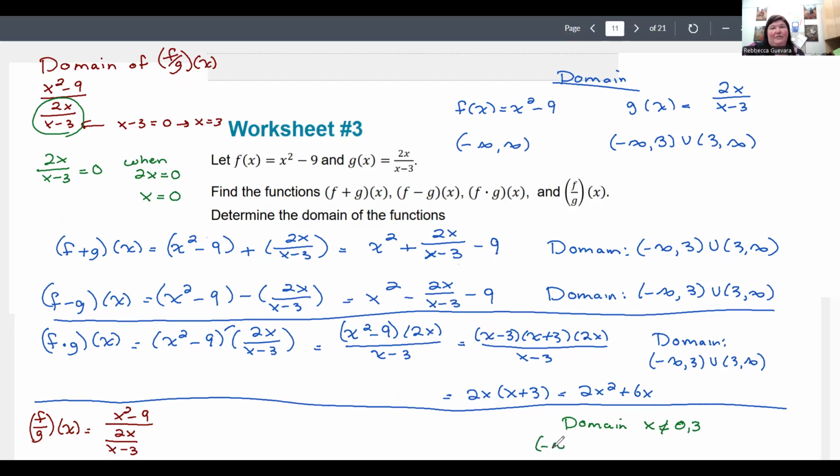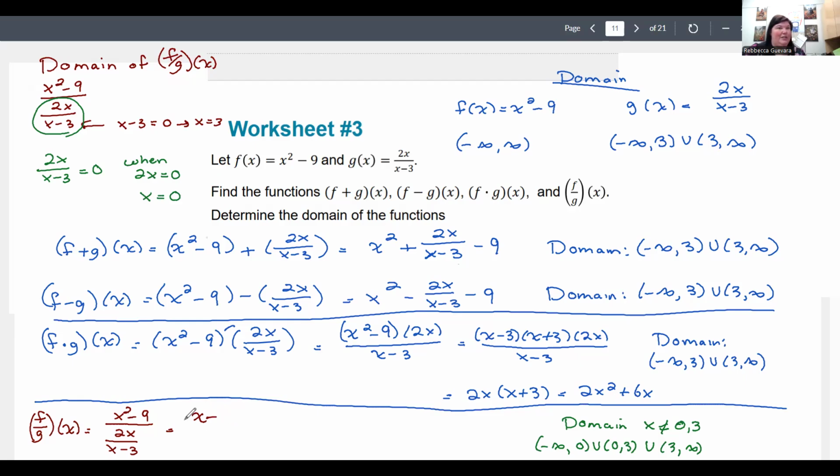My domain will be negative infinity to 0, 0 to 3, 3 to infinity. Okay, make sure I didn't miss something there. Now I can simplify. You can think of it like this.